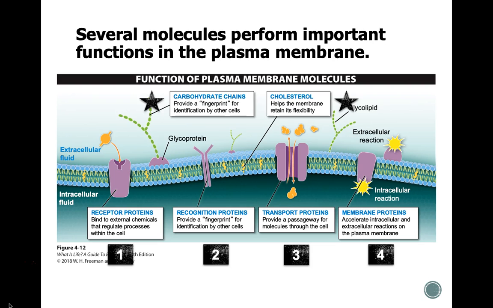We have the receptor proteins, the recognition proteins, the transport proteins, and the membrane proteins. These are the four main types of proteins and the four main types of functions of the plasma membrane. And then, of course, we have our carbohydrates that act as sort of a fingerprint identifier for the cell, and then our cholesterol, which we discussed on the last slide, which helps to maintain and regulate membrane fluidity.